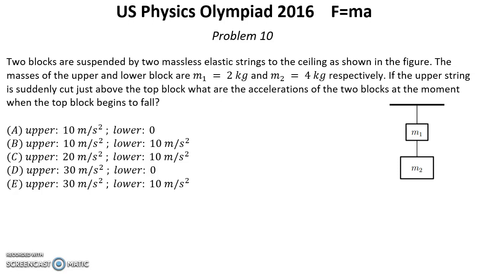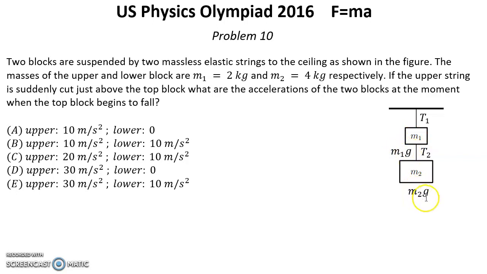First, let's write the free-body diagram. If we have tension T1 in the upper string and tension T2 in the lower string, and we have the force of gravity on M1, which is M1g, and on M2, M2g, so we have two equations for static equilibrium.